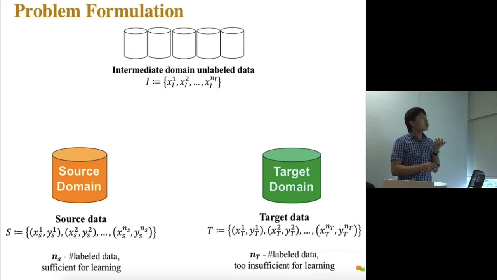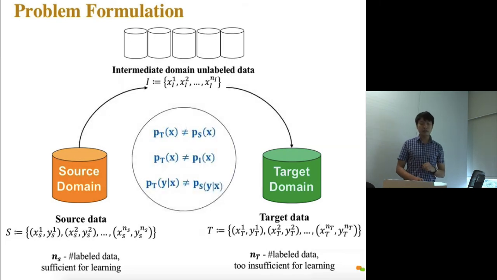And then you have a mixture of instances from many intermediate domains, and they are unlabeled. So the idea of this problem is how to transfer the knowledge from the source domain to the target domain via this unlabeled intermediate domain data.